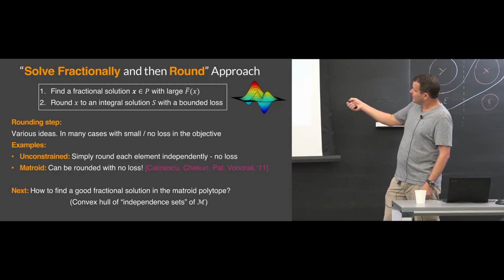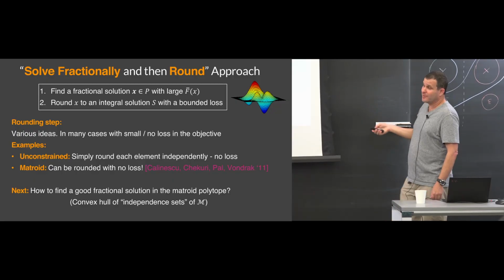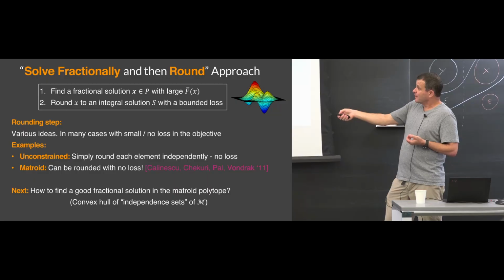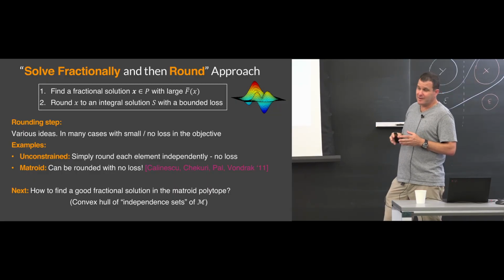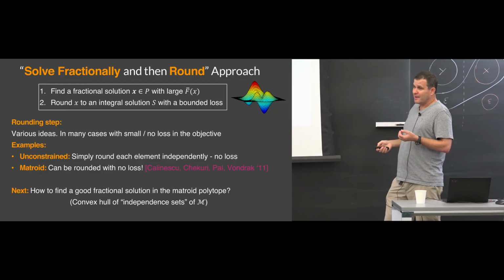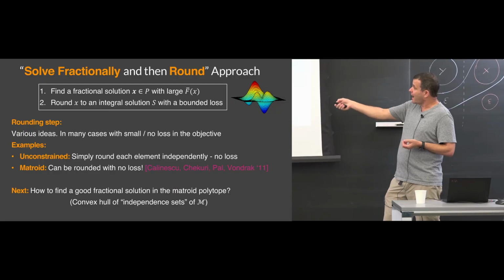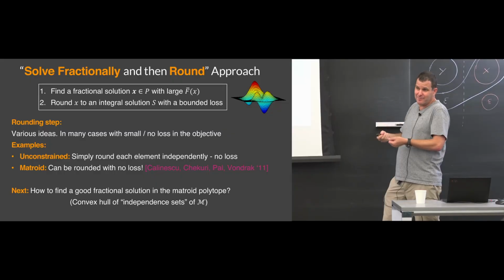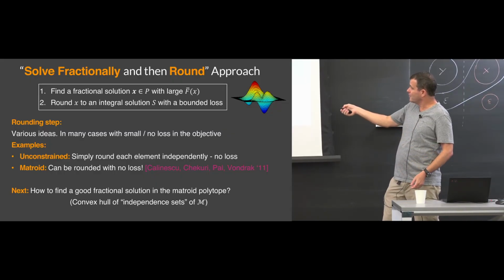I will not speak a lot about the second step, so I will just tell you some ideas. For rounding, there are various ideas that came up, to round without loss or with very small loss. For example, in the unconstrained case, you can simply take the elements and get the expected value, so this will give you no loss.